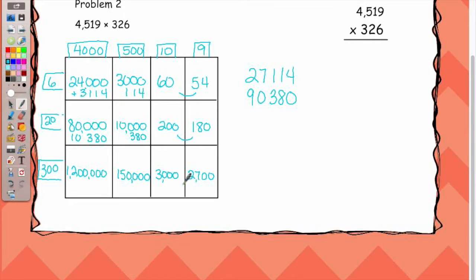Okay, now I'm choosing to take these 4 numbers and add them up in a different place because I want to make sure I get it right. Now this is just going to give me my third partial product.